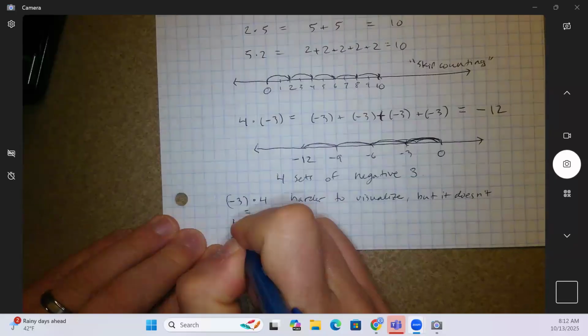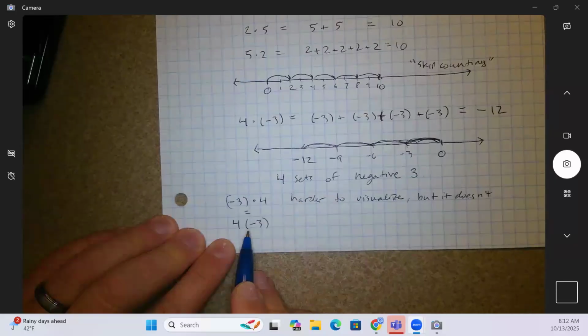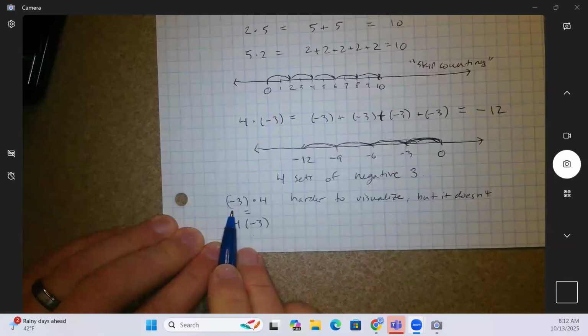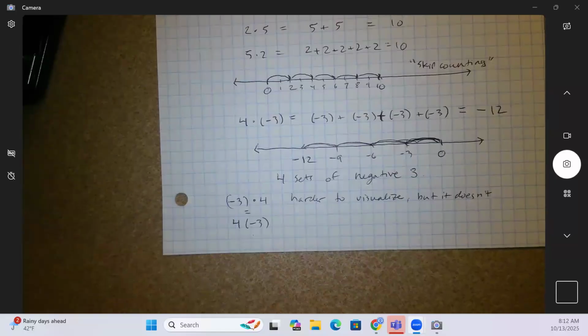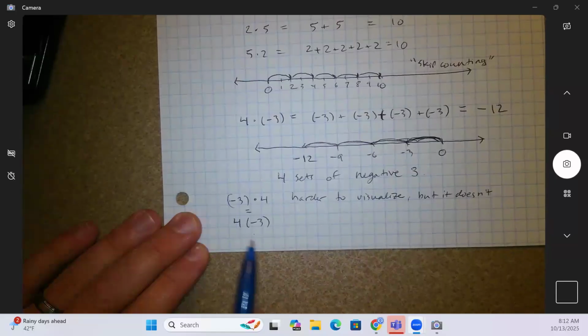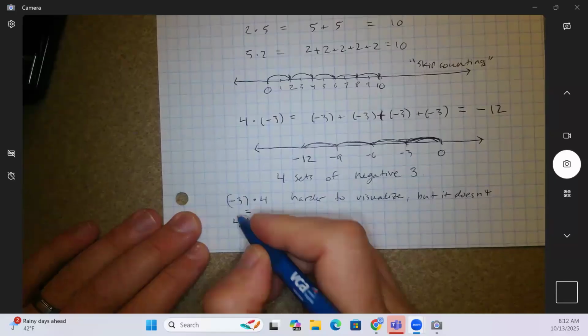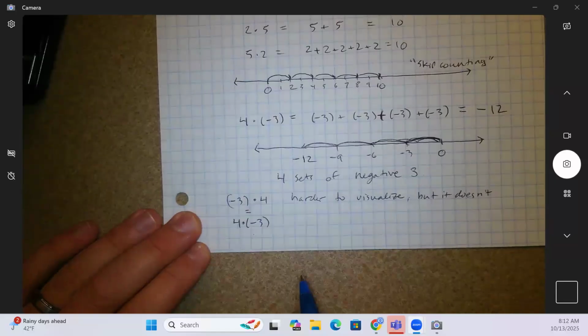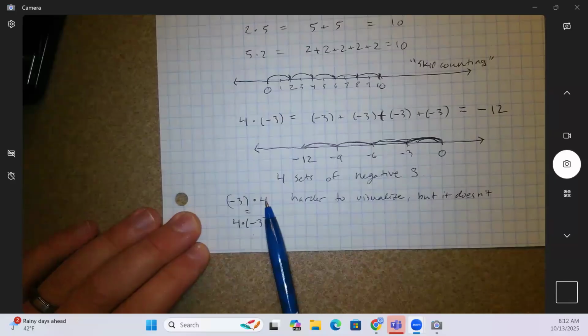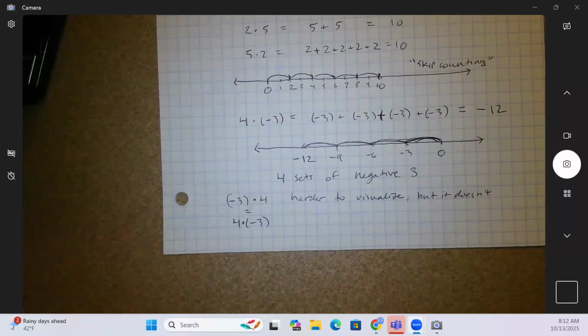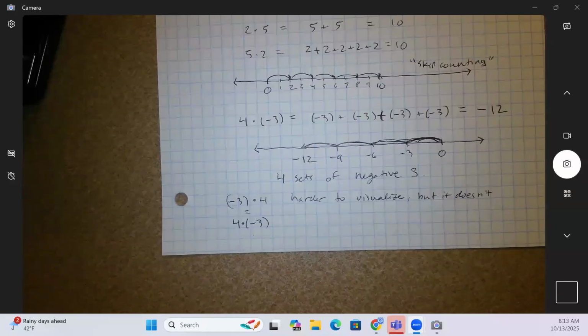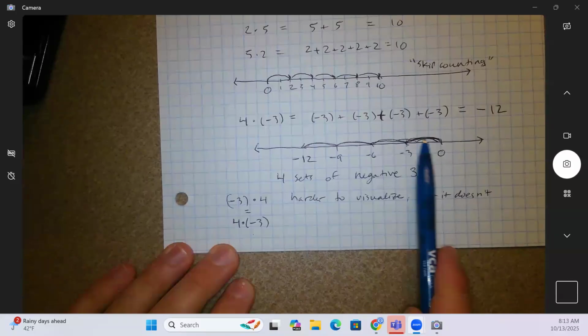And now think about it as 4 steps of -3 instead of -3 steps of 4. That's our commutative property. When we're just doing a multiplication, I can think of it as -3 sets of 4 or as 4 sets of -3. And personally, until I get comfortable with the idea, I'm going to pick the one that I can actually visualize: 4 steps of -3, like so.